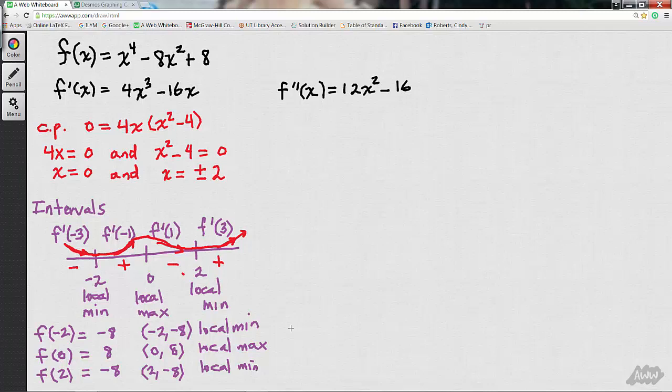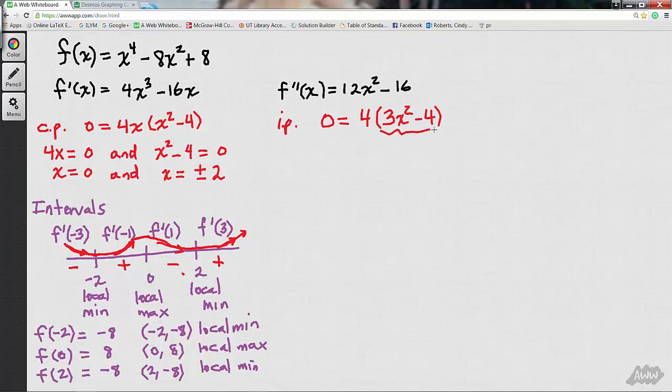All right, so now I'm pretty much done with that side. So I'm going to go back over here to this other side, and now I'm going to find my inflection points. Remember, you do that by setting the second derivative equal to 0. Again, I'm going to factor out a 4. So I end up with 3x squared minus 4.